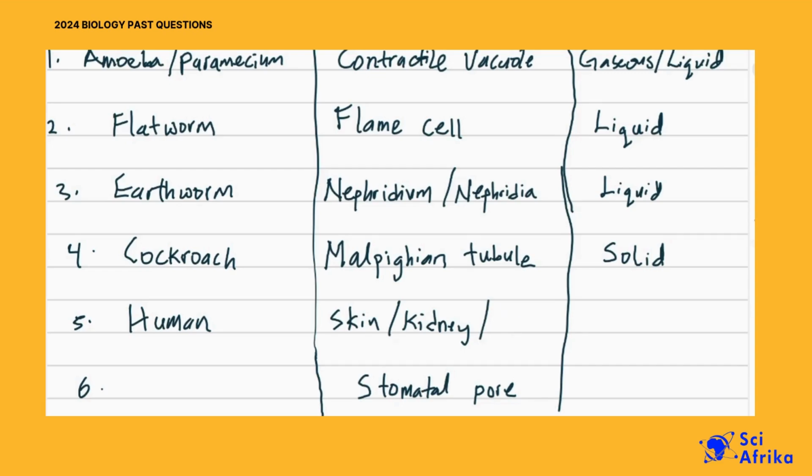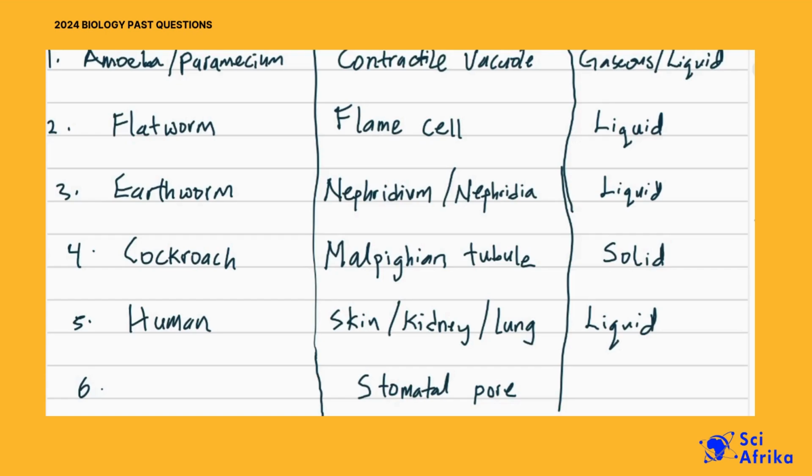So these are the structures for excretion in human beings. And all these structures, the lungs, skin and kidney, excrete liquid waste, in the form of liquid.